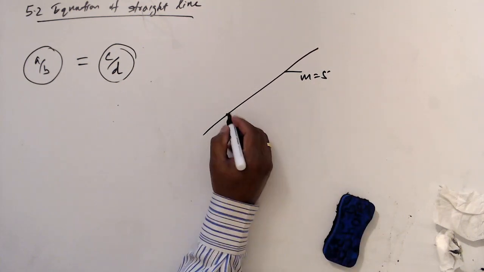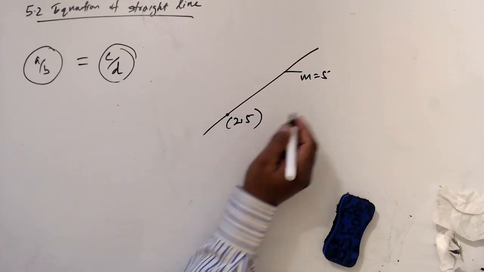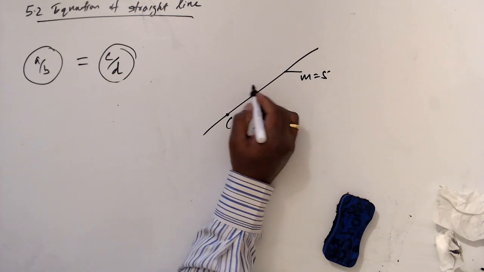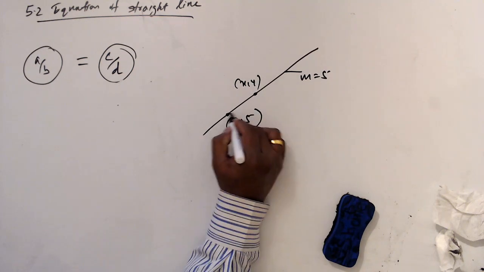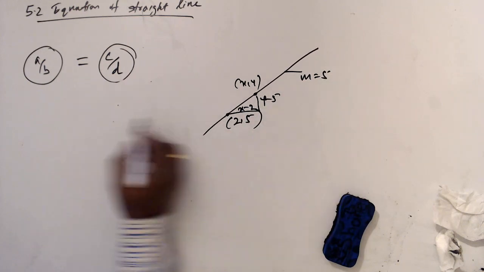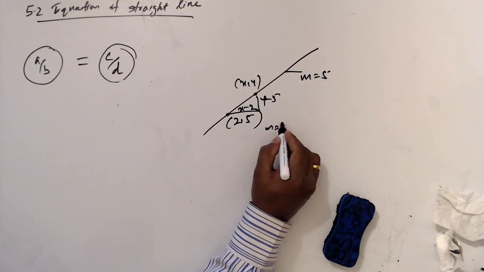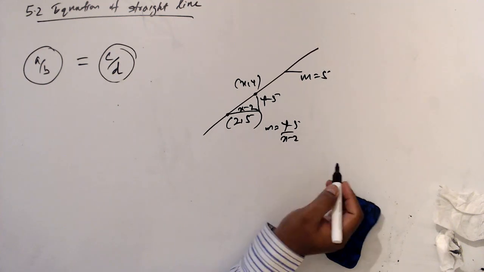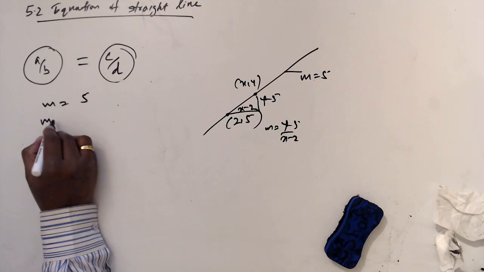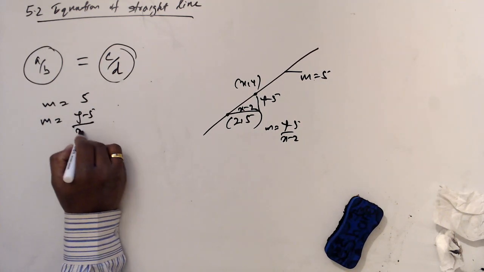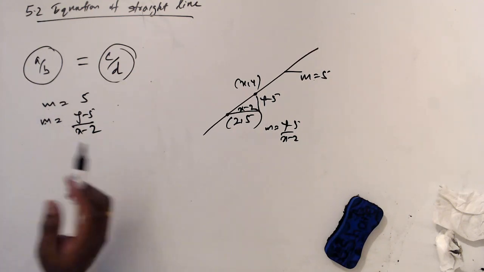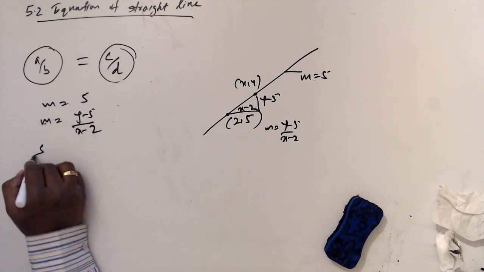So if you have m equal 5, the gradient given as 5, and you have the given point 2, 5, then I will take this as xy, so this is y minus 5 and this is x minus 2. Then the gradient is y minus 5 divided by x minus 2, and again m is 5 given. Then we found y minus 5 over x minus 2. Now two similar things, they are the same, so we can make them equal.